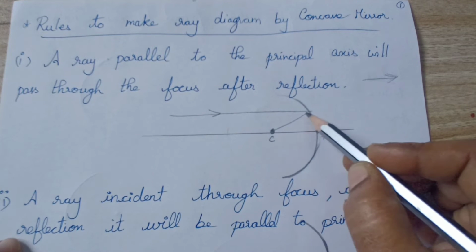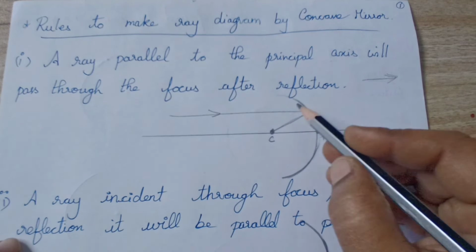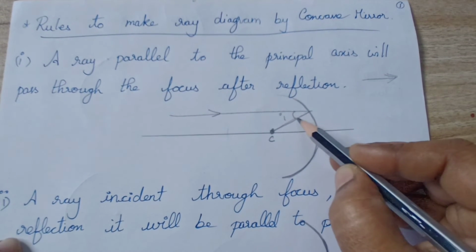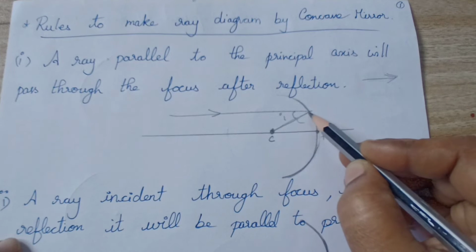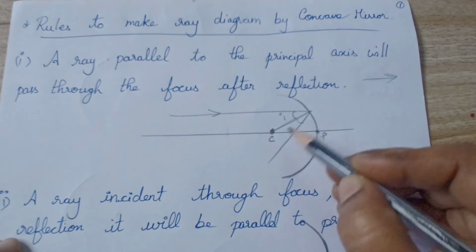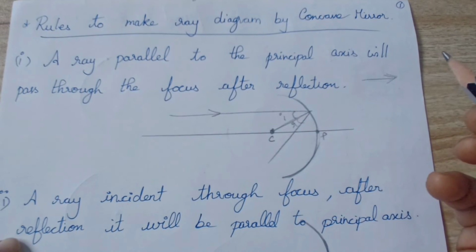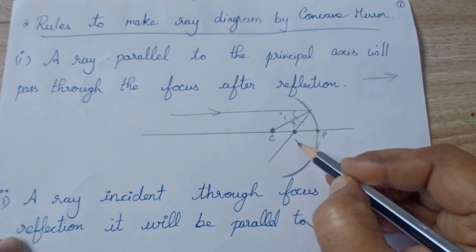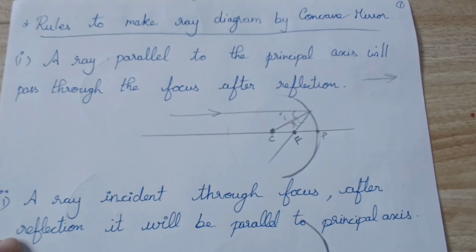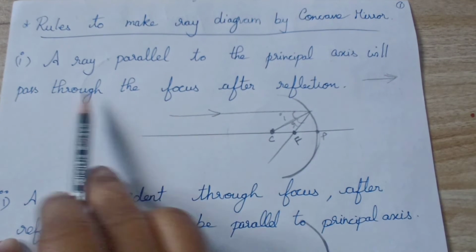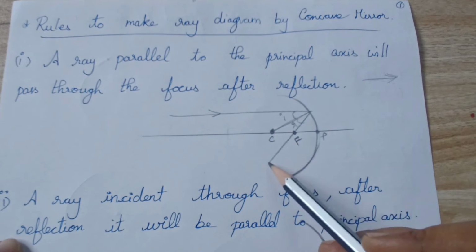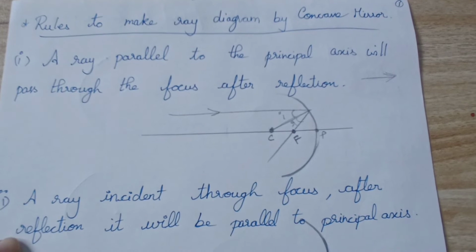This is your normal, and this is your incident light. So the same angle will be here. This is your R, the angle of reflection. So this is your focus point. Clear on this? A ray parallel to the principal axis will pass through the focus after reflection.